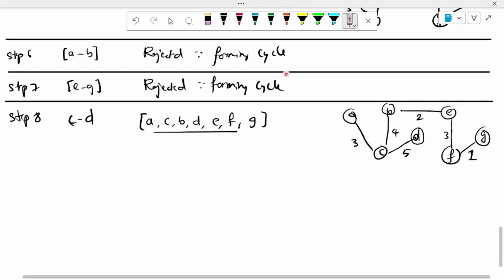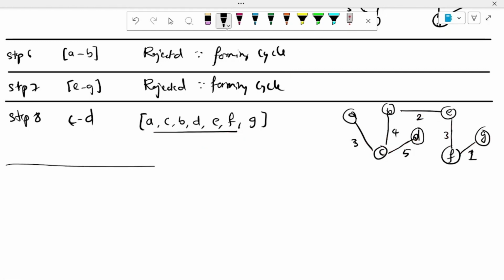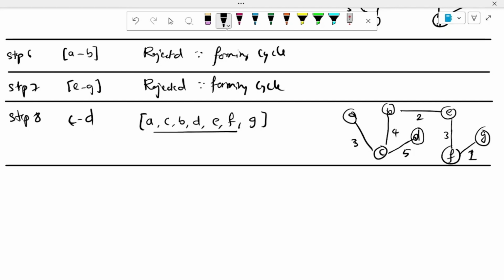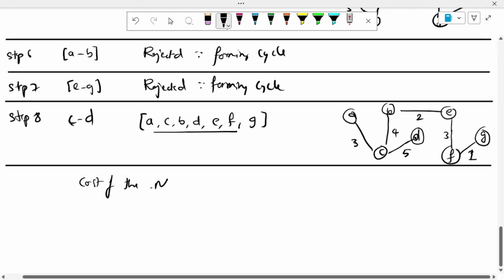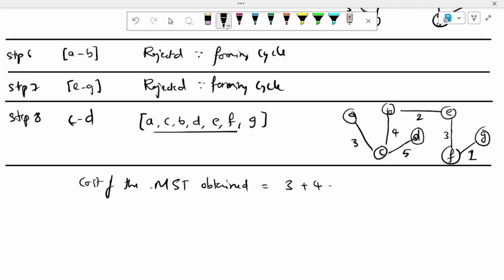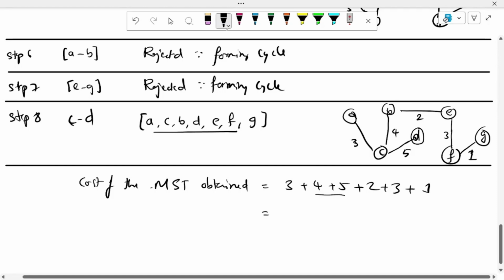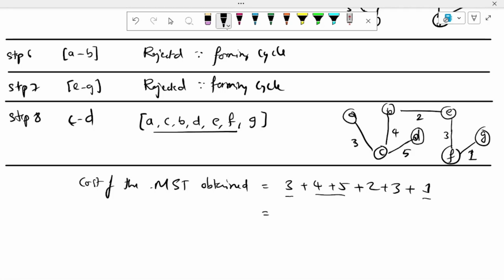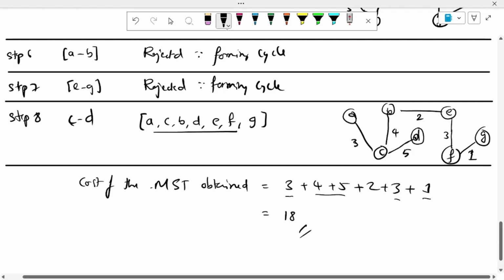But in the last step, I have got all of them connected, and if I count the number of edges, 1, 2, 3, 4, 5, 6, and you can actually count the cost of the obtained graph. The cost of the minimum spanning tree obtained is equal to 3 plus 4 plus 5 plus 2 plus 3 plus 1. So this is going to be 9, 10, 13, 16, 17, 18. So this can be your solution.